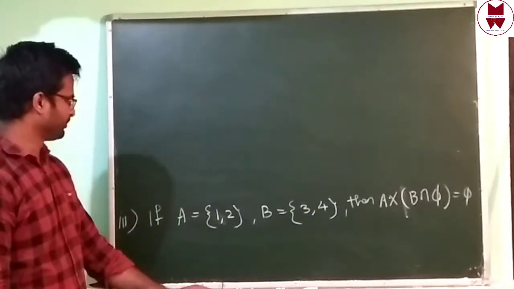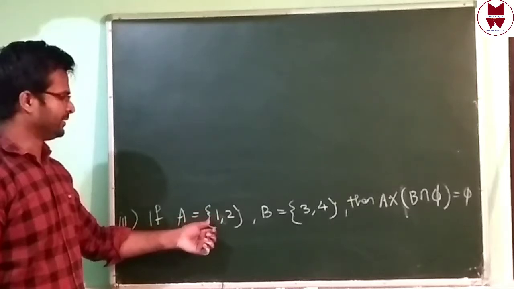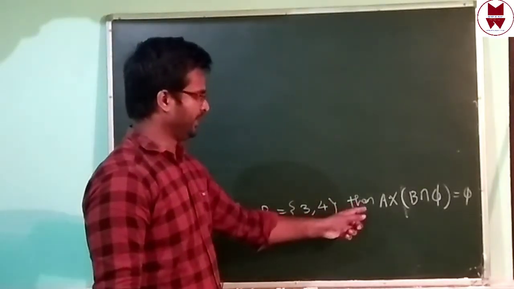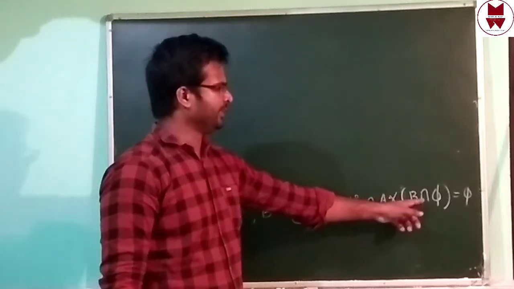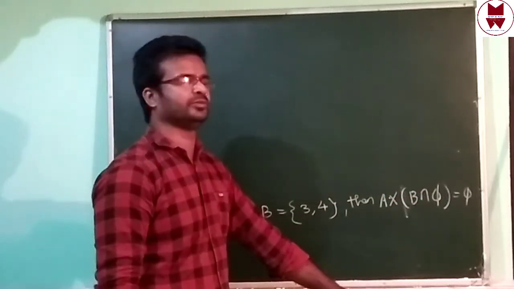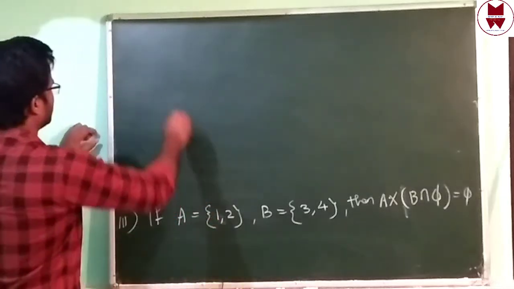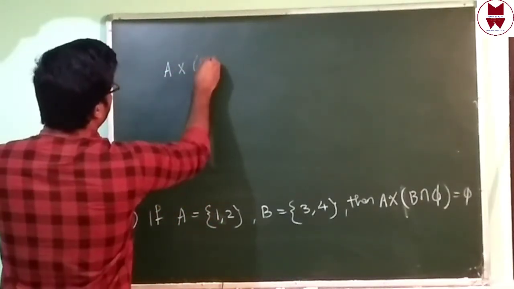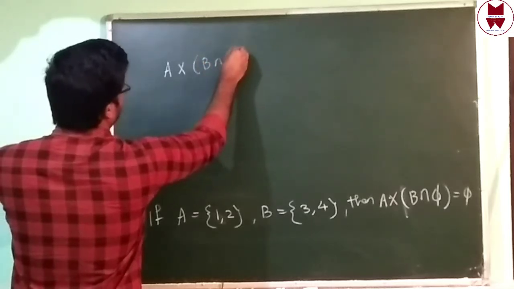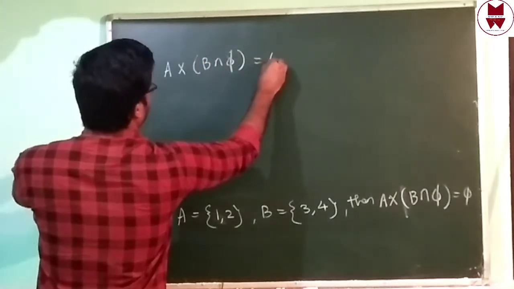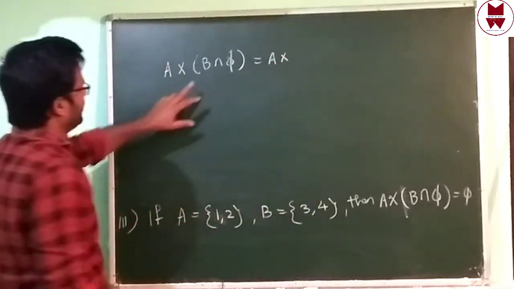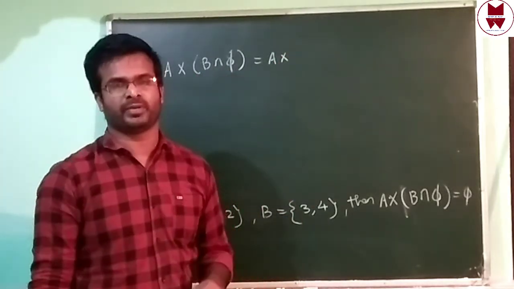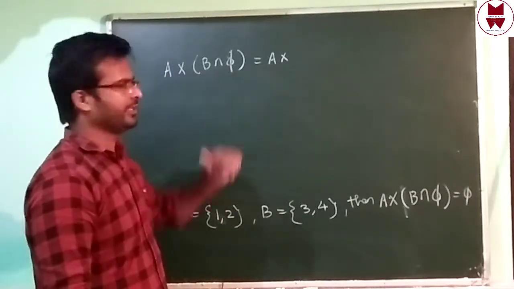Roman number 3 is: if A equals set 1, 2, B equals set 3, 4, then A cross B intersection empty set equals empty set. Check it. Intersection means we write the common element from B and the empty set.